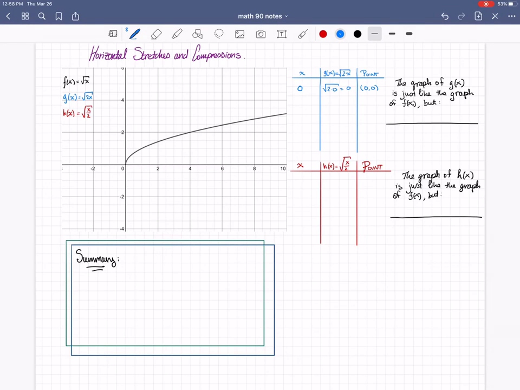So, case in point, if I let x be 1/2, 2x will be 1. Oh, and the square root of 1 is just 1. So that gets me a nice point. If I let x be 2, 2 is another number whose double is a perfect square. 2 times 2 is 4.